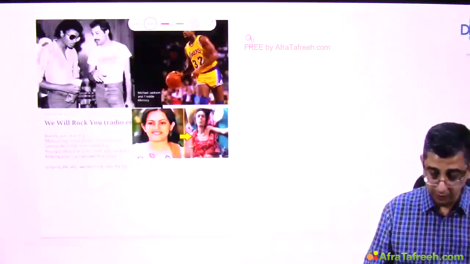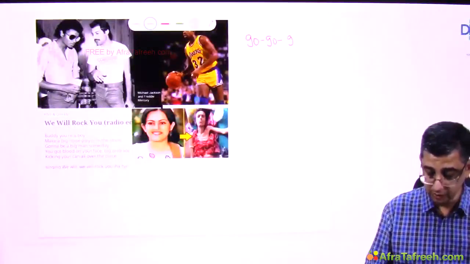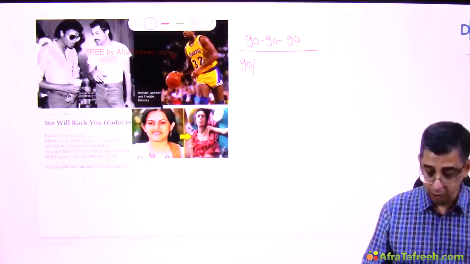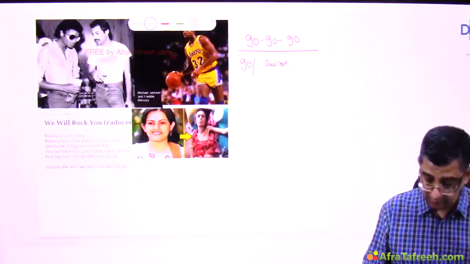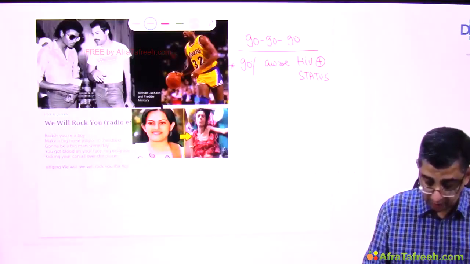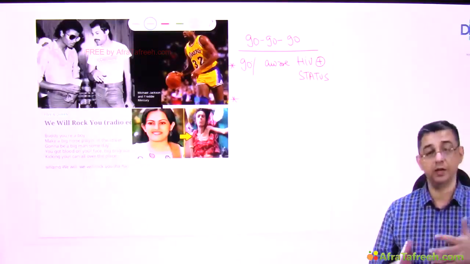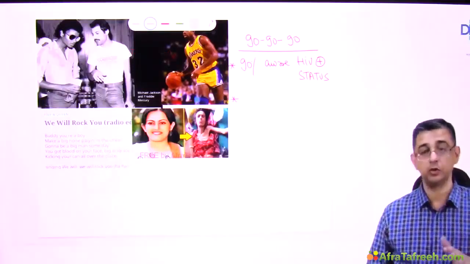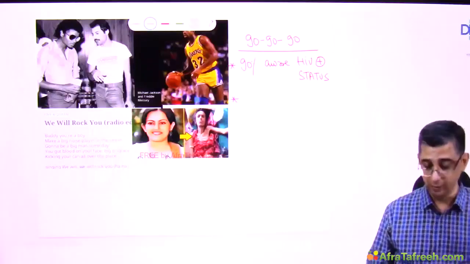What they mean by the word 90-90-90 approach is the fact that 90% of the people who are living with AIDS should be aware that they are HIV positive. I mean, they should understand what HIV is, how did they acquire it, and how can they be transmitting this in the family, or how could they be transmitting it to their children. So 90% people should be aware that they have a disease, they have a problem.